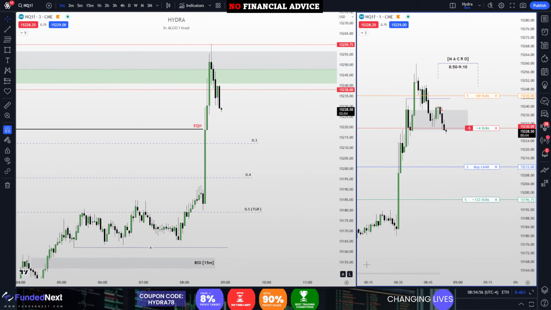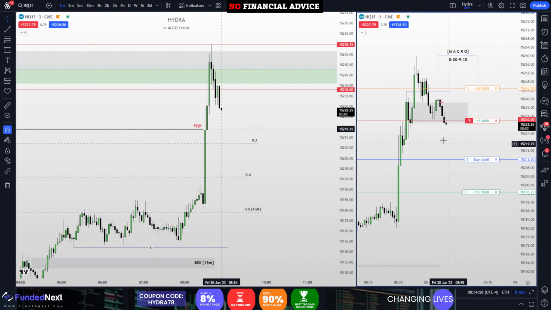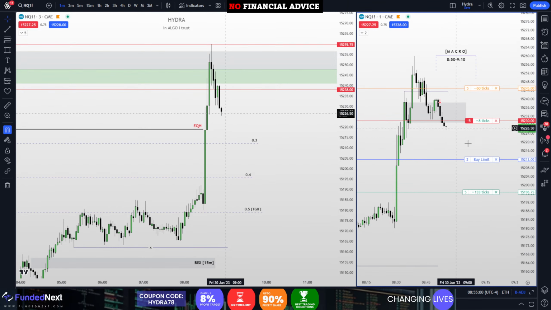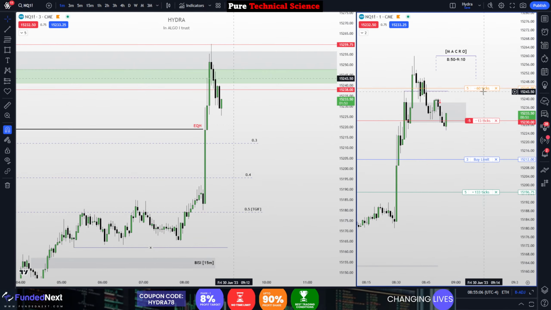We are not selling, it's a demo trade. I'm not putting all my effort inside this trade, but I want to see how price behaves inside this macro. If it's turning out to be a loss, I don't care.